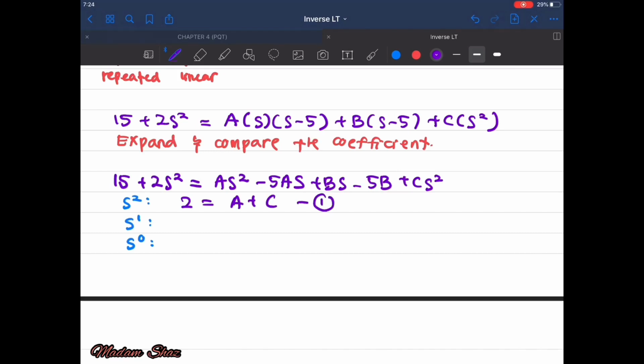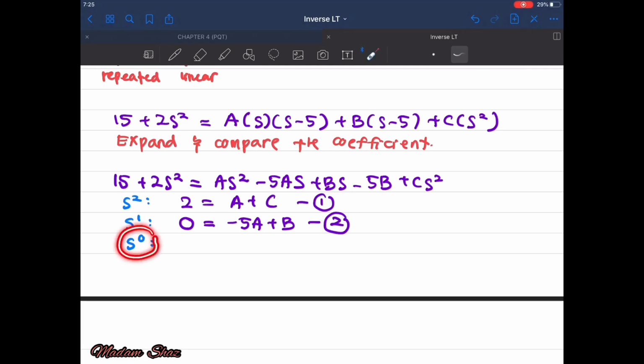So this is our first equation. For the s with the power of 1, on the left hand side, there is nothing s with the power of 1. So therefore, left hand side will become 0. On the right hand side, s the power of 1 is negative 5a plus b. So this is our second equation.